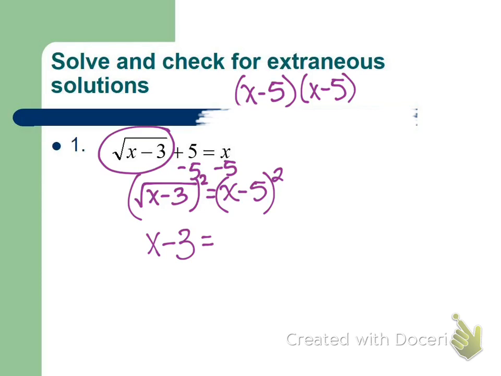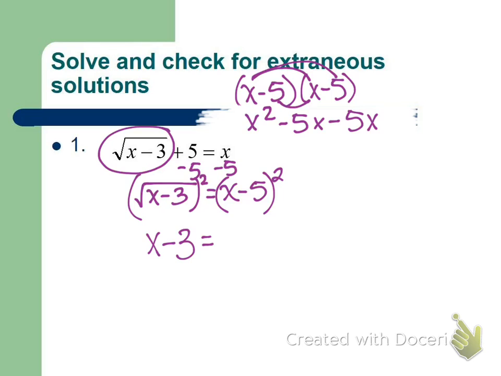Then what do we have to do? Double distribute. So we distribute the x into the back. So x times x is x squared. X times negative 5, negative 5x. Then we double distribute the negative 5. Negative 5 times x is negative 5x.